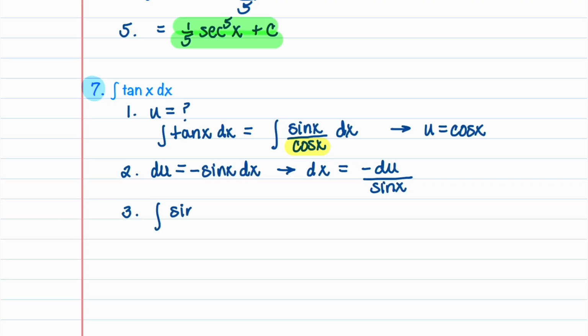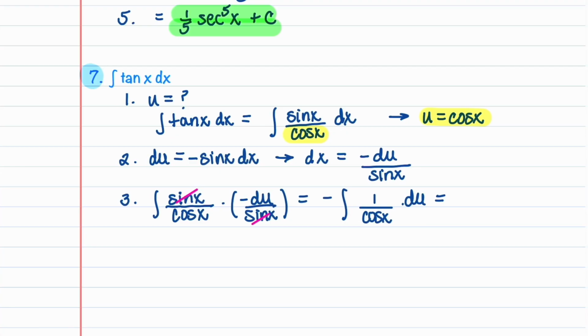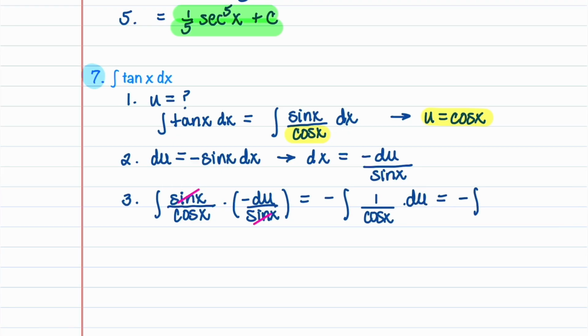We have sine x all divided by cosine x times dx, which is minus du all divided by sine x. This is minus the integral, canceling out our sine functions. We have 1 over cosine x times du, and our u is cosine x, so this is just minus the integral of 1 over u du.